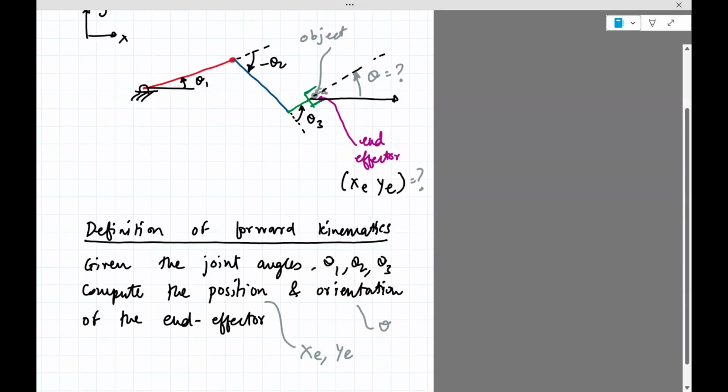Right? Theta is both things. For a two-dimension problem, we're only interested in three numbers: the position, which will be two numbers, xe, ye, and orientation theta. In three dimensions, this will become more complicated. We'll have three numbers for the position and three numbers for the orientation with respect to x, y, and z axis.